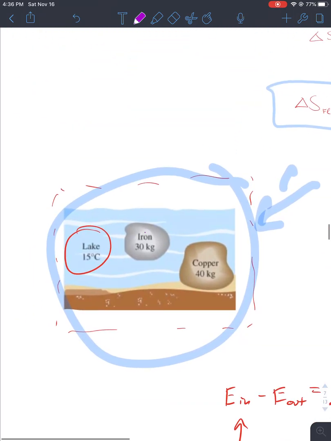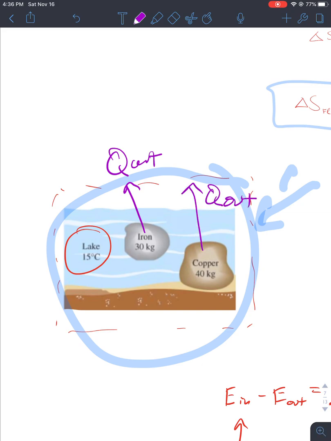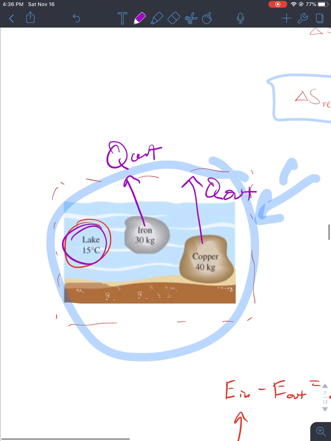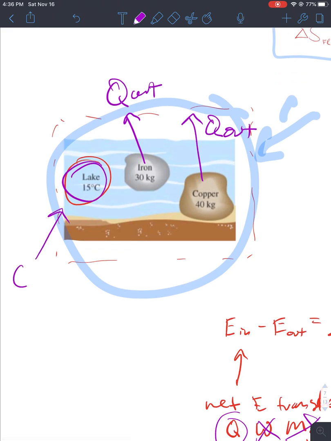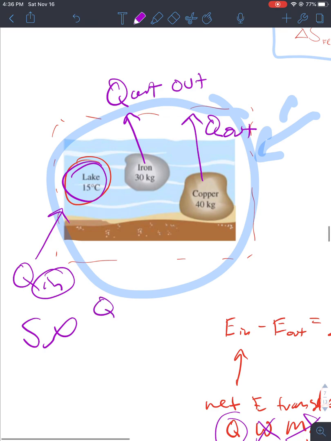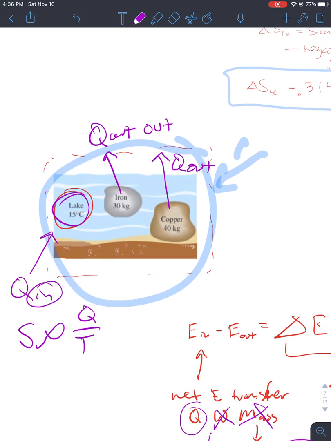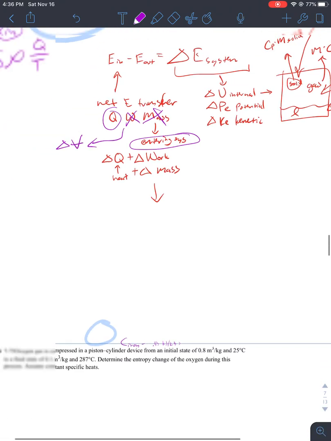So heat goes out here, and for the lake over here, heat goes into the lake. Here's out, and here's in. So the only things, entropy is related to Q over T. That's the equation for entropy.